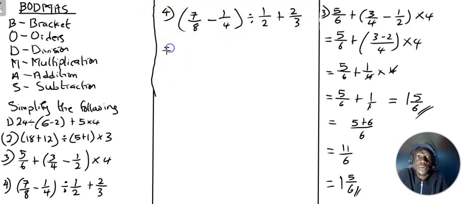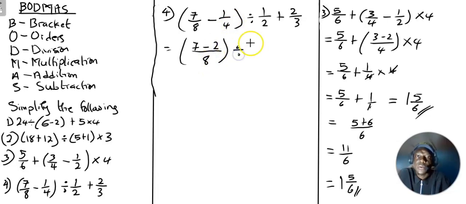Now this will be equal to, you find the LCM of 8 and 4. The LCM of 8 and 4 is 8. 8 in 8 will give us 1. 1 times 7 will give us 7. Minus 8 in 4 will give us 2. 2 times 1, 2. So you have 2 here.